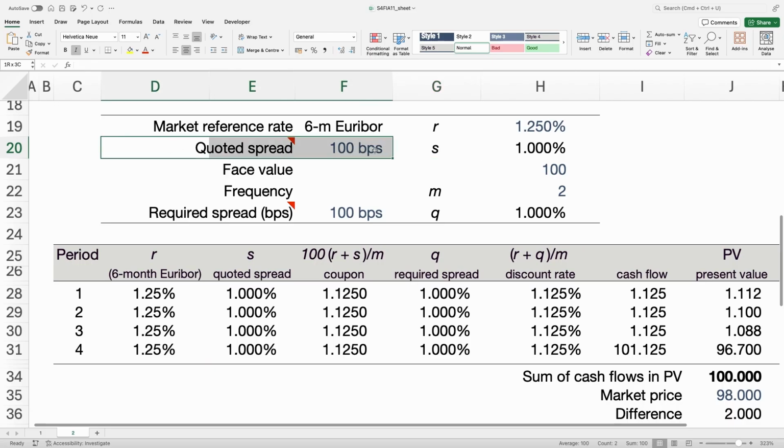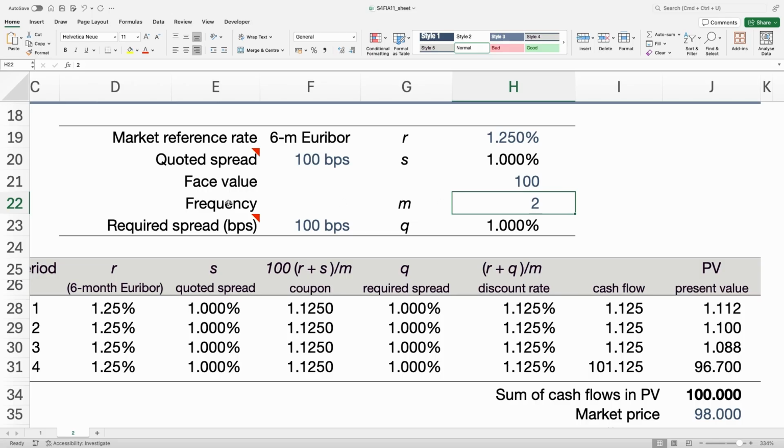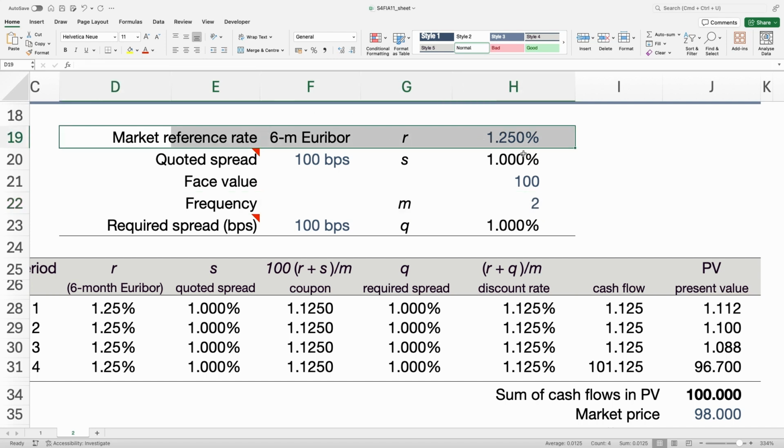Yes, they do. First things first, if you take a look at my spreadsheet, this floating rate note pays the quoted spread or quoted margin of 100 basis points over 6-month Euribor. What does that mean? Since this bond makes semi-annual payments, it's got a frequency of 2, and Euribor is currently 1.25%, the next coupon payment 6 months from now, so we could be evaluating this bond on the issue date, right?